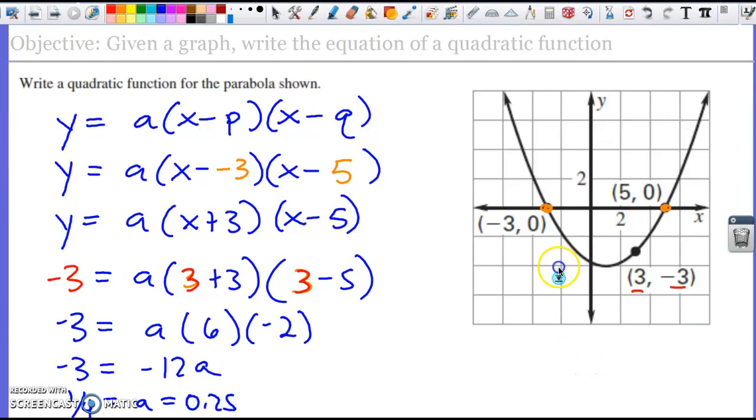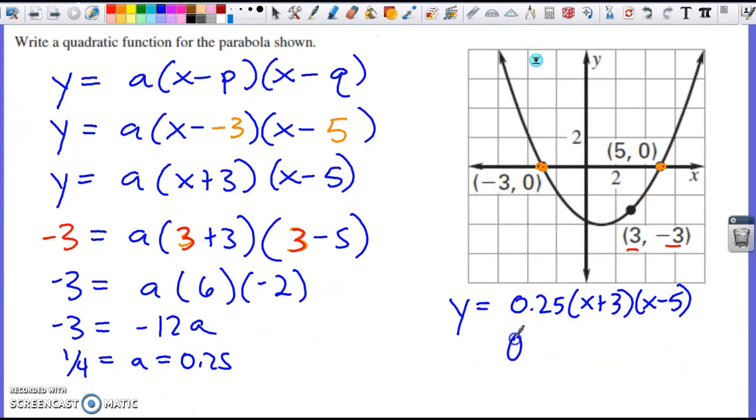So then my equation in factored or intercept form is y equals 0.25 times (x plus 3)(x minus 5). Now to change that back into standard form, I just need to multiply that all together. I'm going to get 0.25 times (x squared minus 2x minus 15).